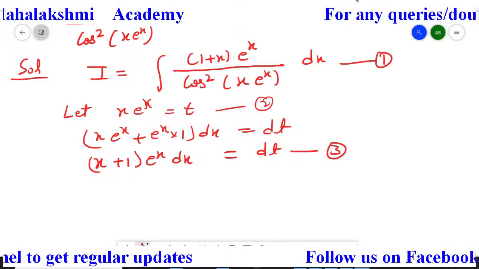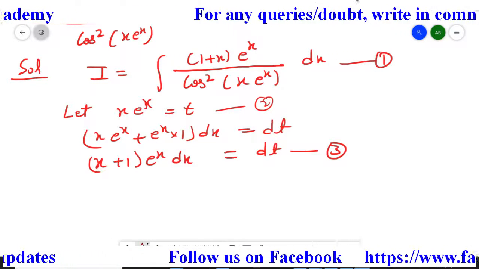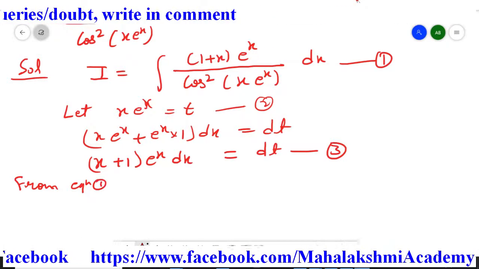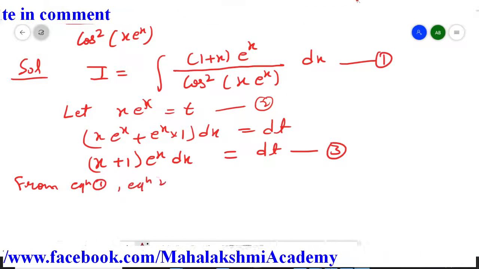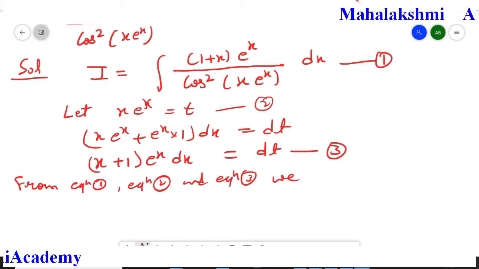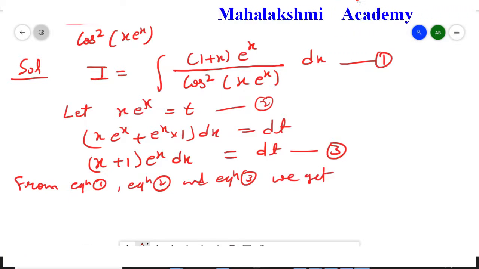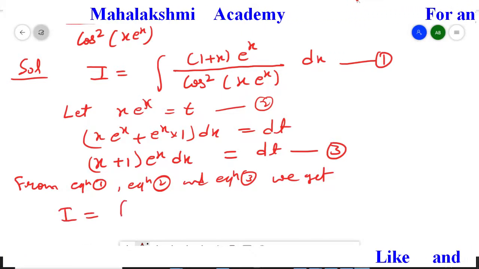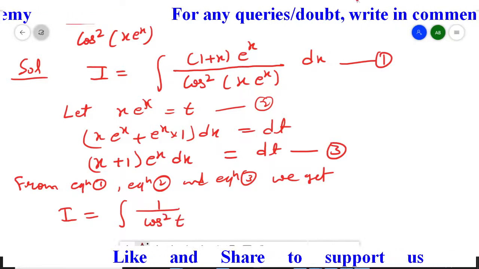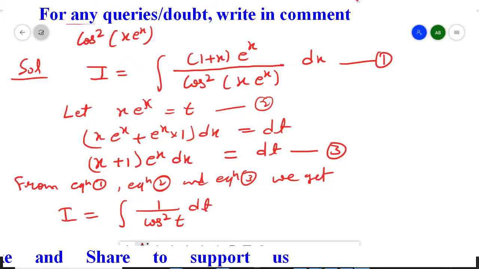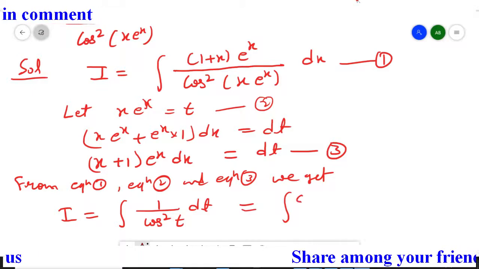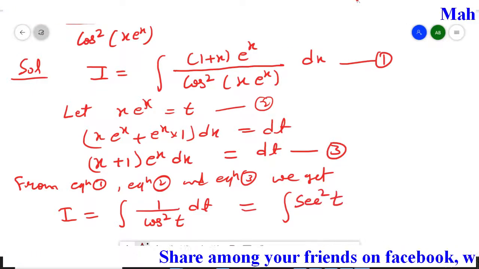We are going to obtain from equation first, second, and third, we get I is equal to integration of 1 upon cos square t and then dt. I hope it's clear to you. Further, 1 upon cos square t is sec square t and then dt.